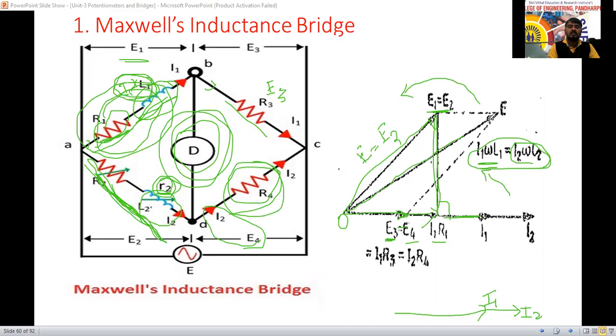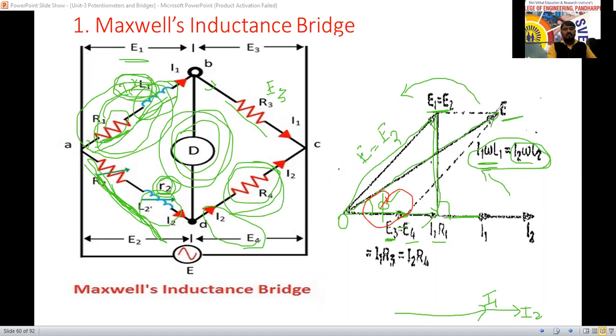The total voltage E we will draw here, and the phase angle we call phi. The total EMF, or total voltage, leads the current I1, I2 by an angle of phi. So this is the formation of the phasor diagram we have to draw here.